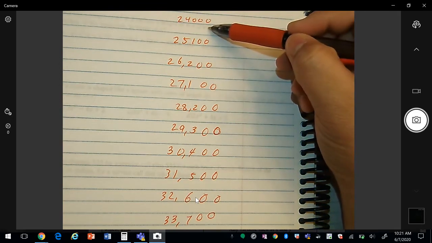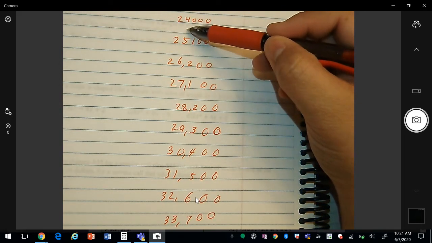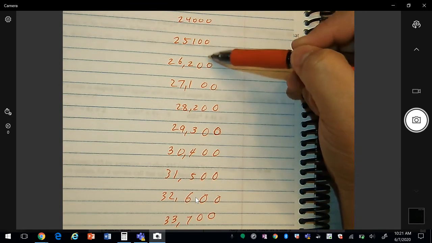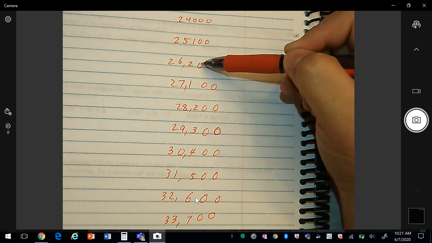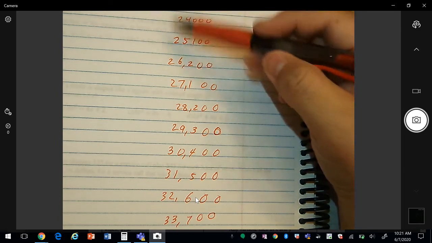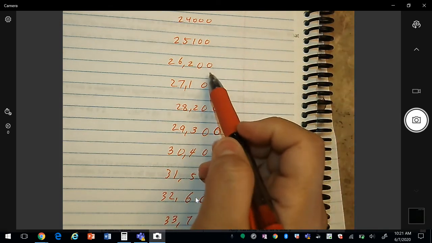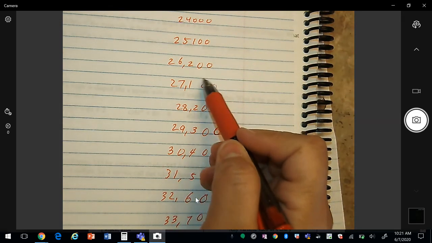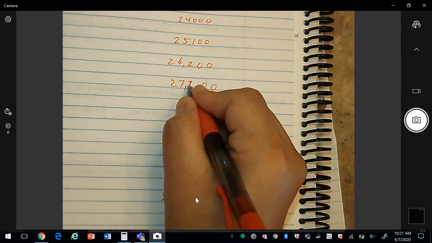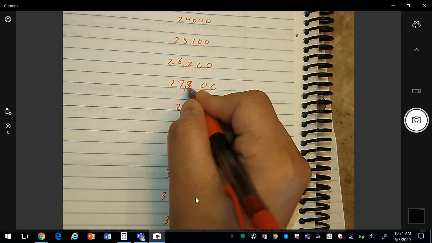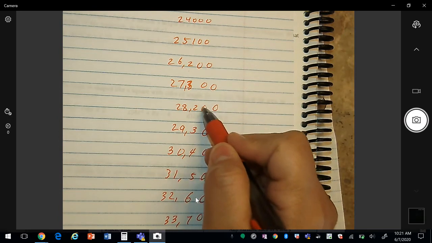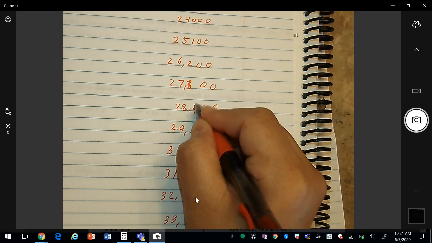Let's check over here. So we get 25,100. If we add 1,100 more, 26,200, 1,100 more. So I think here, if we add 1,100, this should be a 3. If I add 1,100 here, then this would be a 4.